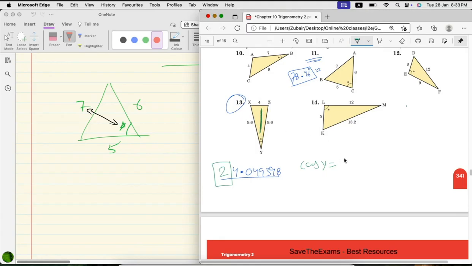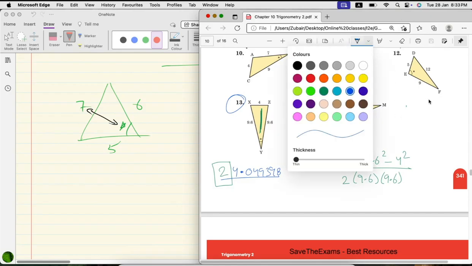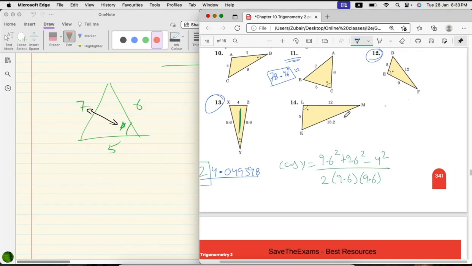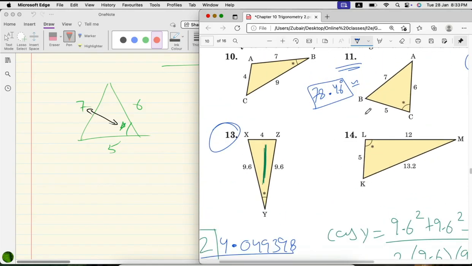So the other two sides first, 9.6 squared plus 9.6 squared minus 4 squared divided by 2 into the other two sides, 9.6, 9.6. And then at the end we would take cos inverse. Yes, sir, I didn't put square in the floor. Now I'm not moving it to the next exercise. Try number 12 and try to get it correct in one go.